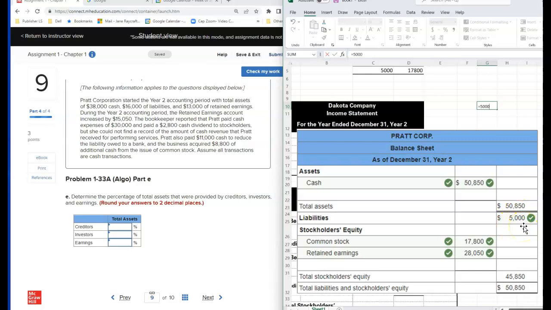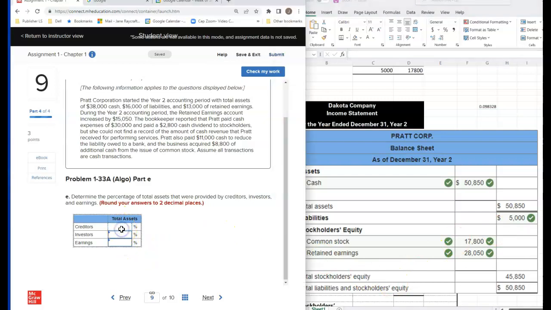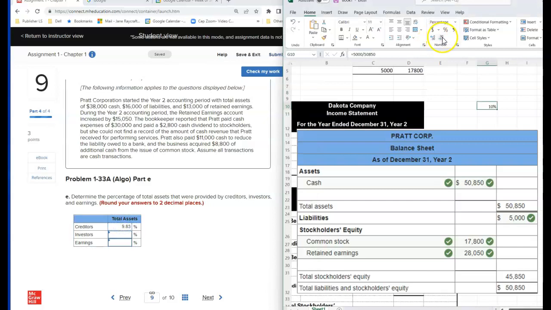So we'll take that $5,000 divided by our total assets, $50,850, and that's going to give us 9.83%, but we need more decimal places. All right.